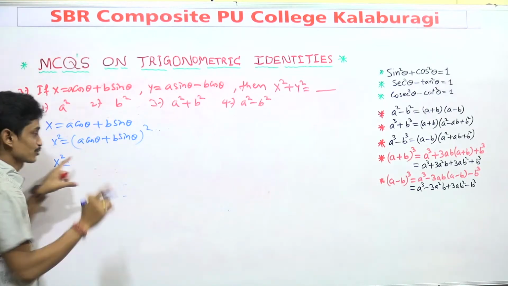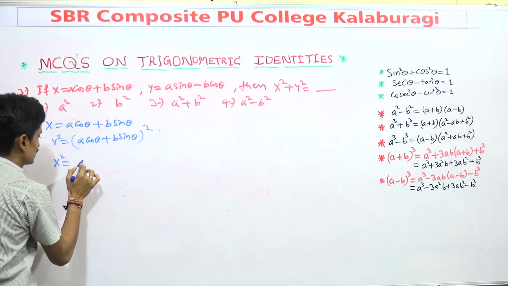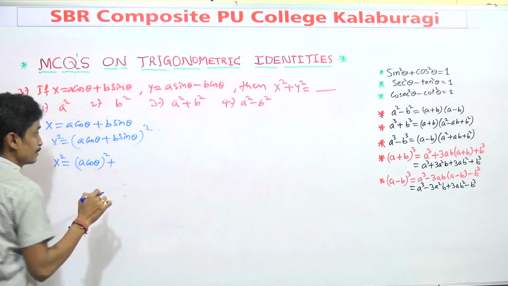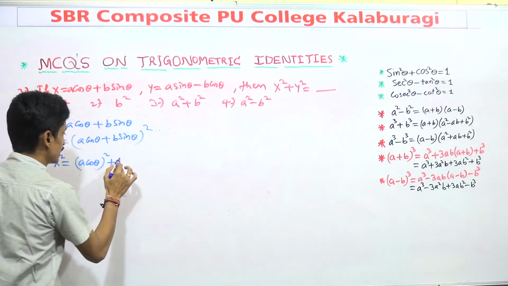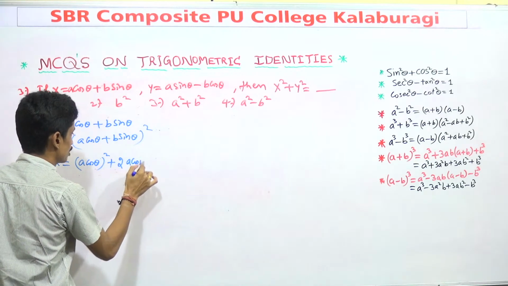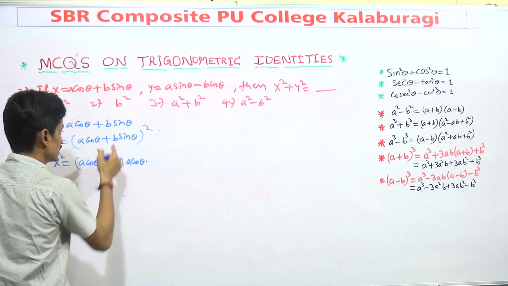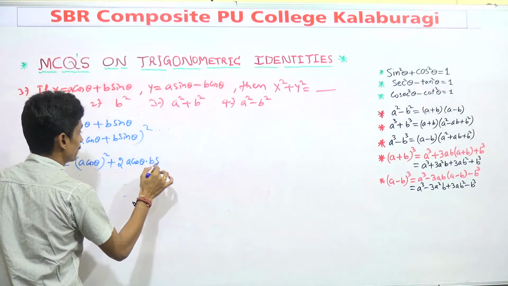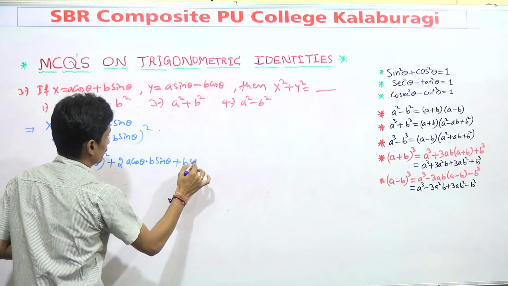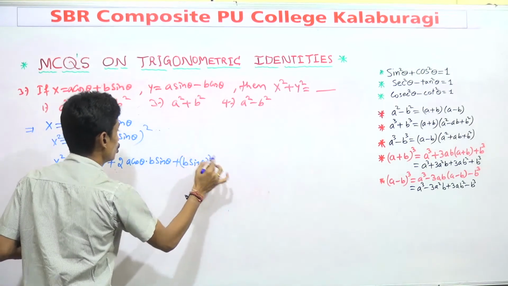First term is a square, in place of a I have a cos theta, that is (a cos theta) whole square. Middle term 2ab: 2 times a cos theta into b sin theta, plus b square, that is (b sin theta) whole square.